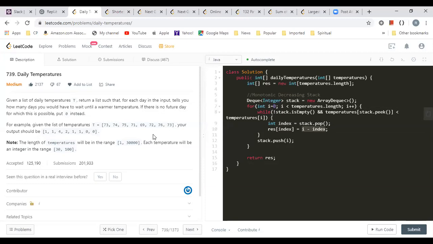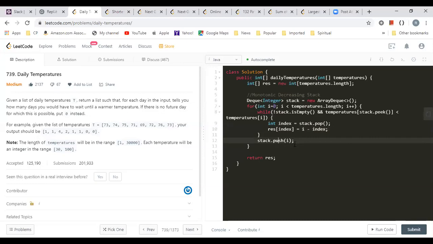When 76 comes, then 75 could be filled with the value that, hey, I had to wait for 4 days. So this is where we do that, and then we maintain this decreasing stack as usual.